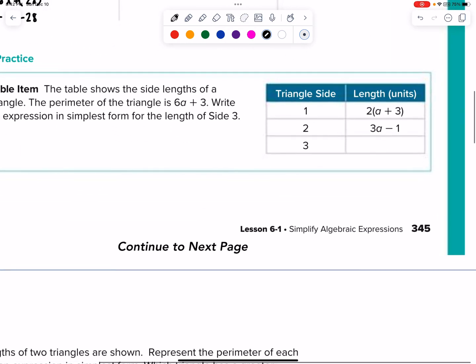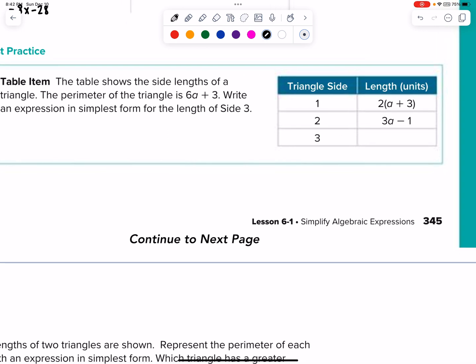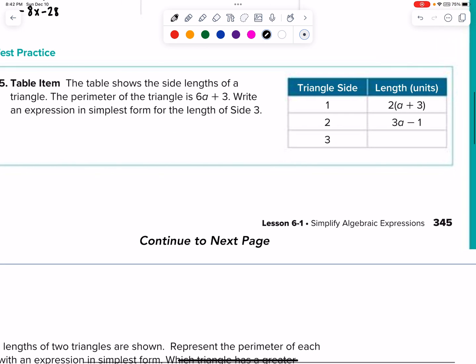15 shows 2 sides of a triangle. It says the perimeter is this. So here's our perimeter. Write an expression in simplest form for length 3. Basically, they're giving you the perimeter and 2 sides of the triangle. So if I draw this out, side 1 is 2 times the quantity of a plus 3. Side 2 is 3a minus 1.